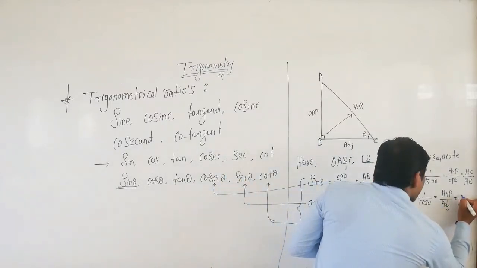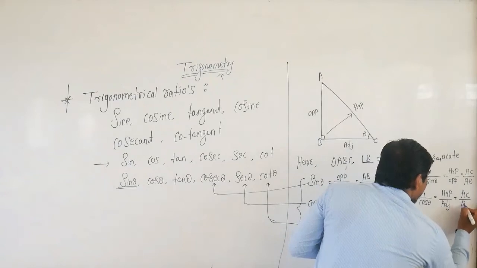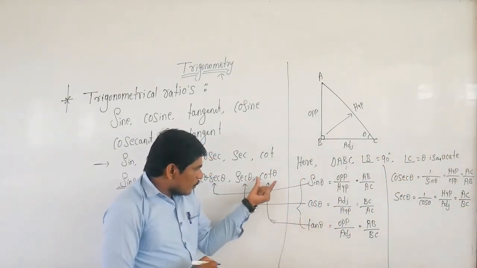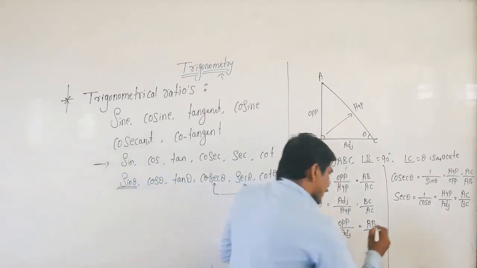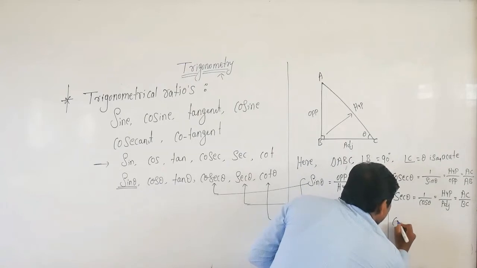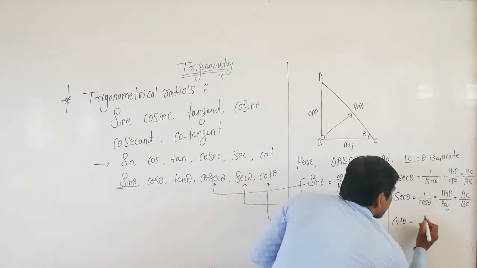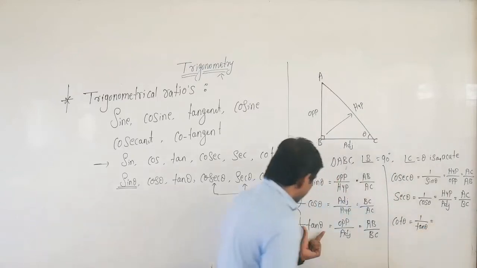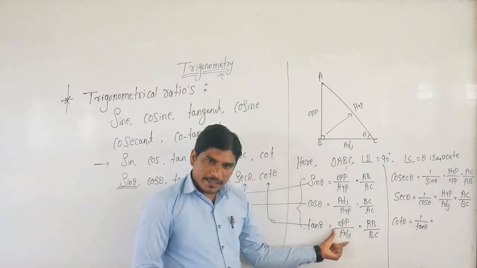So AC by BC. And finally, tan theta is the reciprocal of cot theta, or cot theta is the reciprocal of tan theta. Here cot theta is equal to 1 by tan theta, where tan theta is equal to opposite by adjacent.